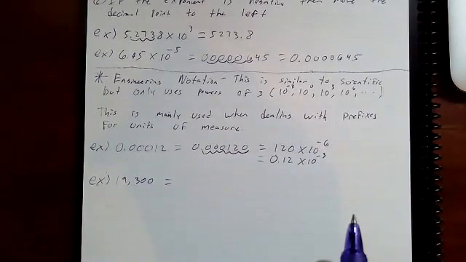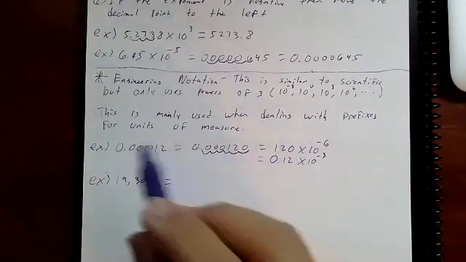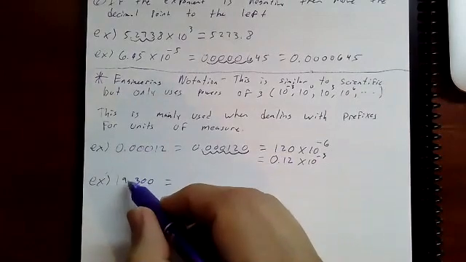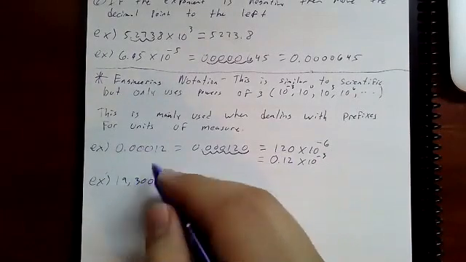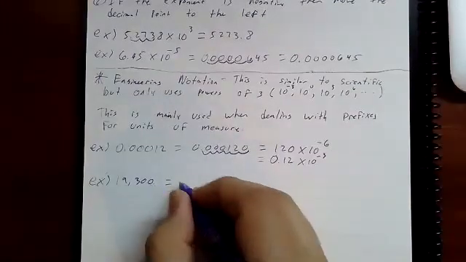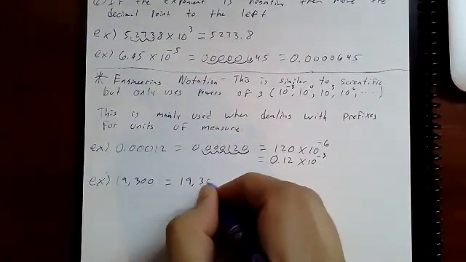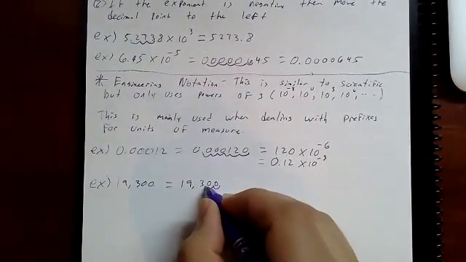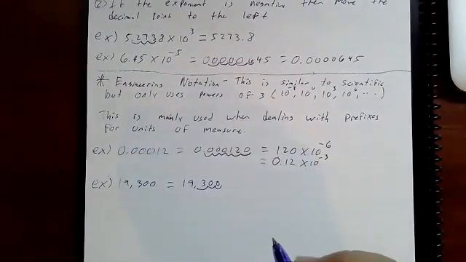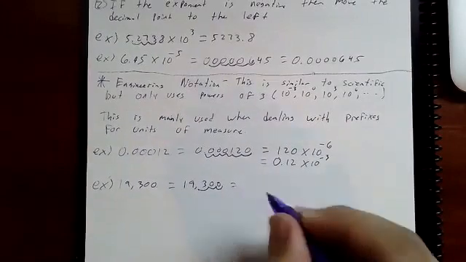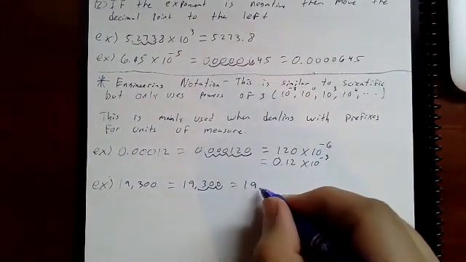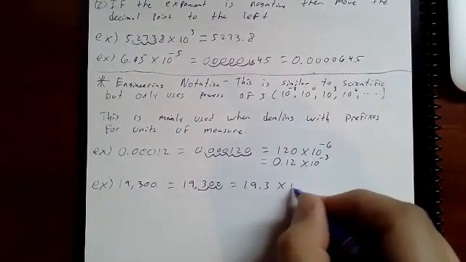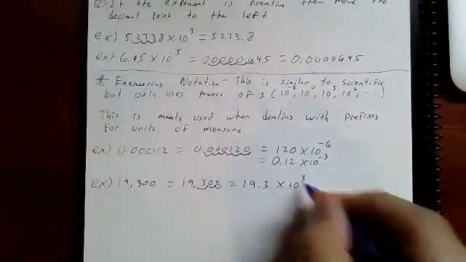Okay, so we have 19,300. So 19,300, the decimal moves over here. So 1, 2, 3. So that will be 19.3 times 10 to the third power.